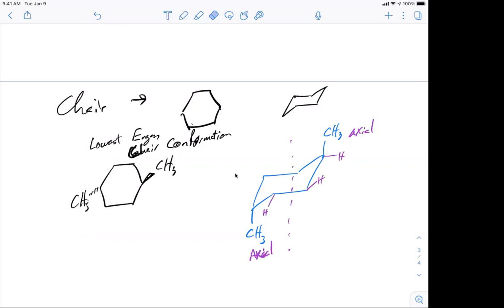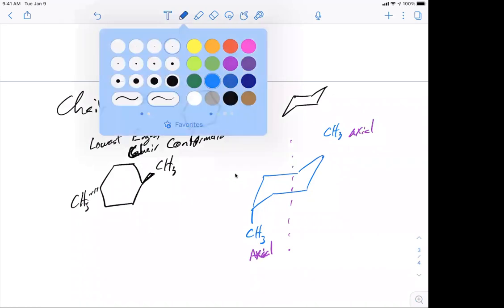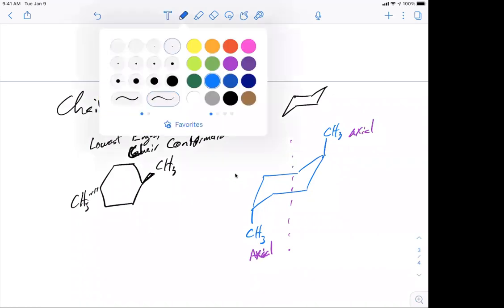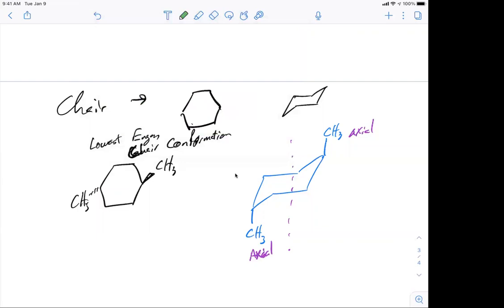Versus these positions, and let's change our color. I deleted my line. If we look at this position and that position, these are equatorial. So if we're thinking about space, if you are on the equator versus the Arctic Circle, where would you be closer together if somebody else was standing there?